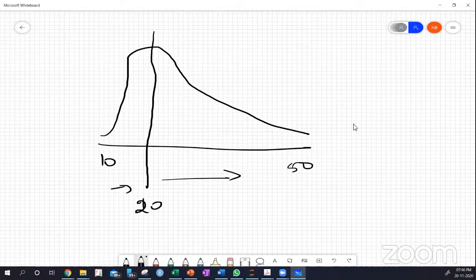What is the conclusion? 50% of the people have scored less than 20, and the remaining 50% have scored above 20. So that's how you can conclude. It need not be a normal distribution. There is no such rule. And it need not be right in the middle of this peak. It can go here also, here also.